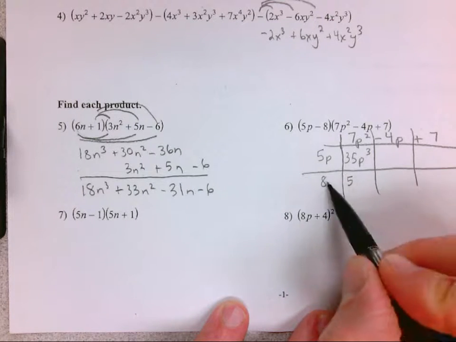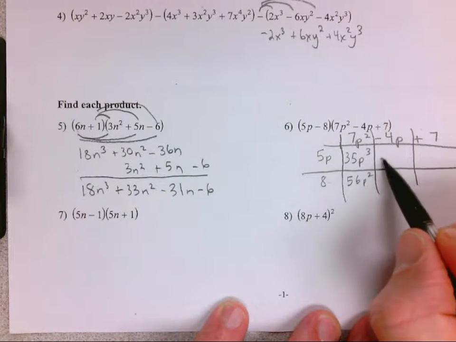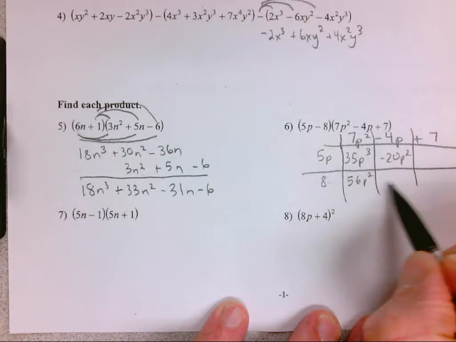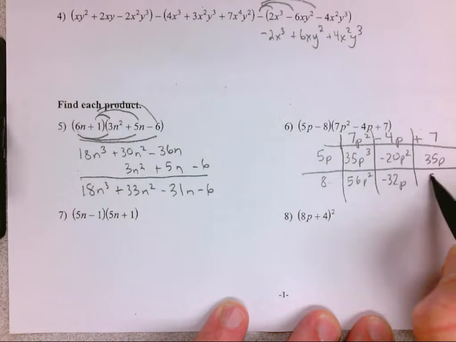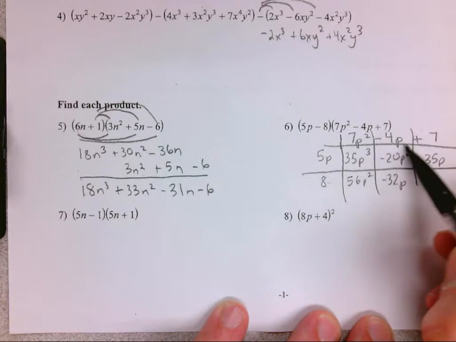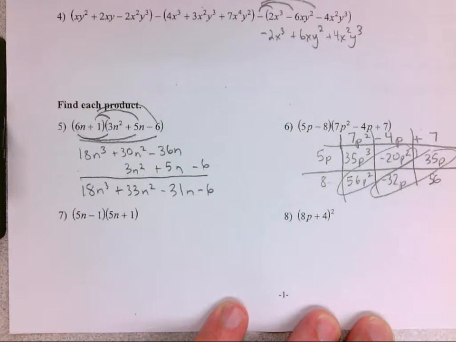So I'm taking 7 times 8, 56p squared, so minus 20p squared, minus 32p. And so it allows you to simplify on your diagonals. Either way, we don't have a preference. We just want you to make sure you get the answer right.